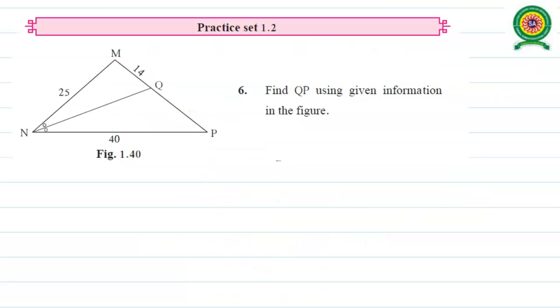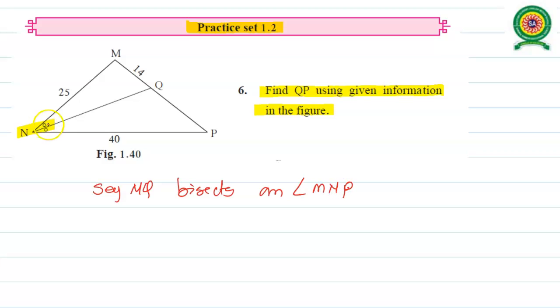Look at the next question, number 6 within practice set 1.2. Find QP using the given information in the figure. We are already given that NQ is the angle bisector of angle MNP. So I am writing here that segment NQ bisects angle MNP. Since the symbolic representation is the same, angle MNQ is congruent to angle PNQ.